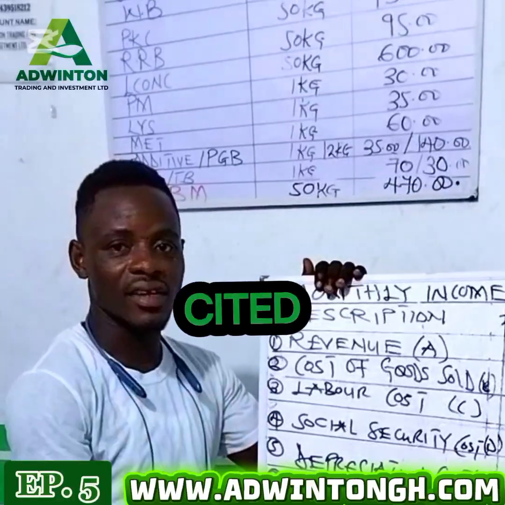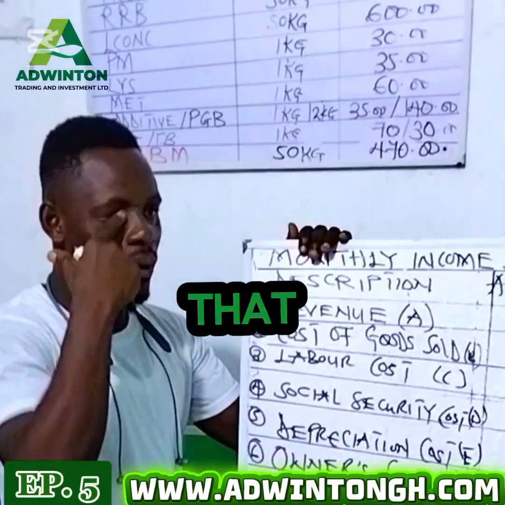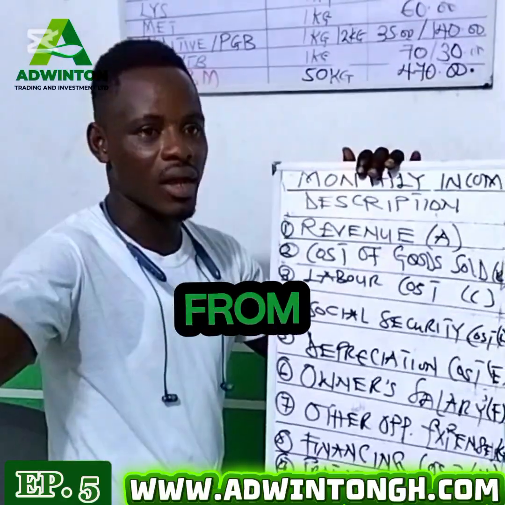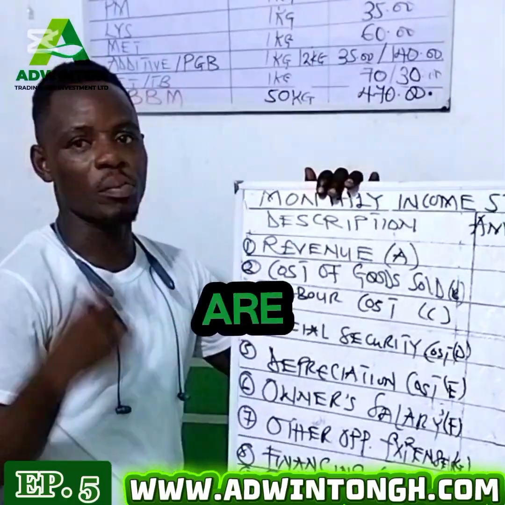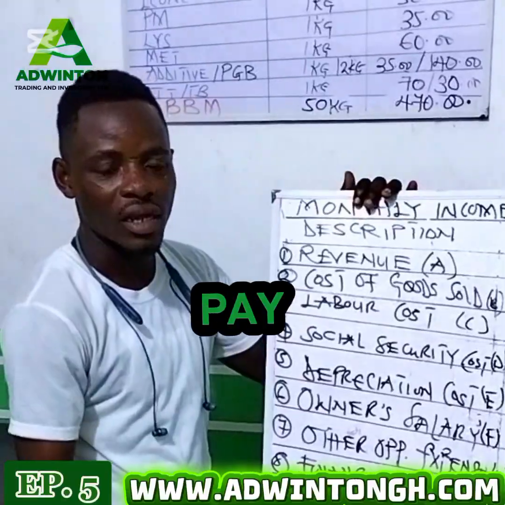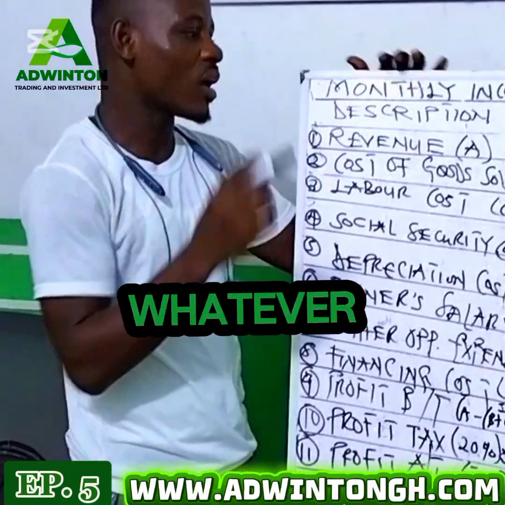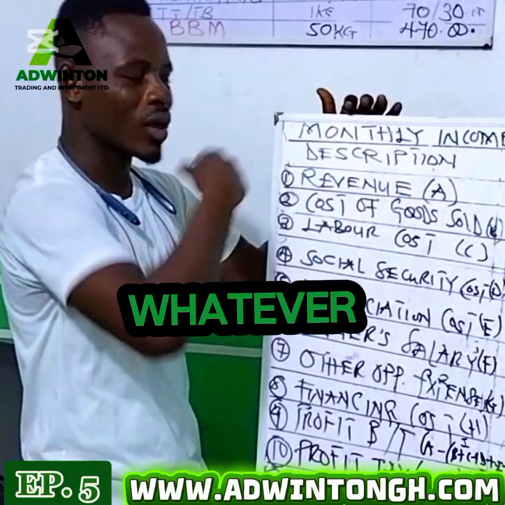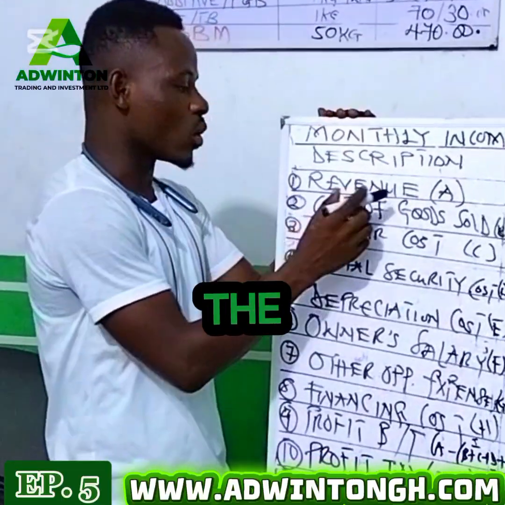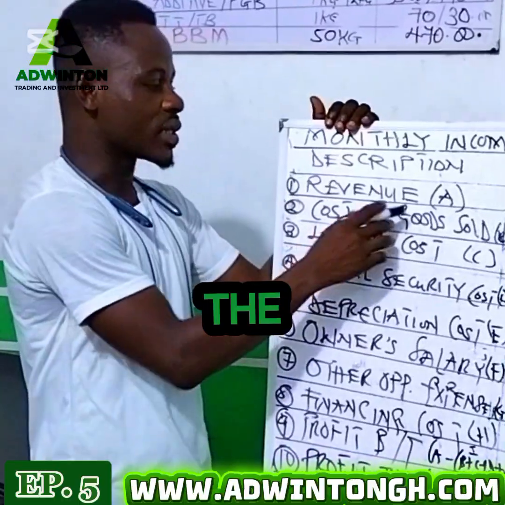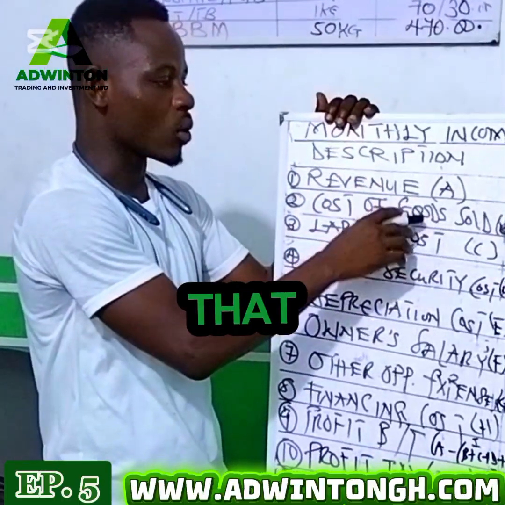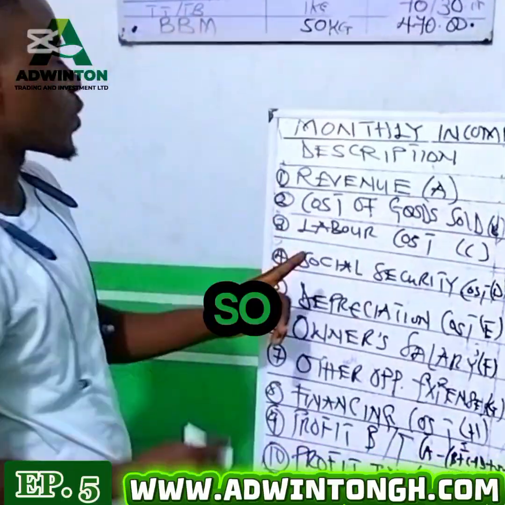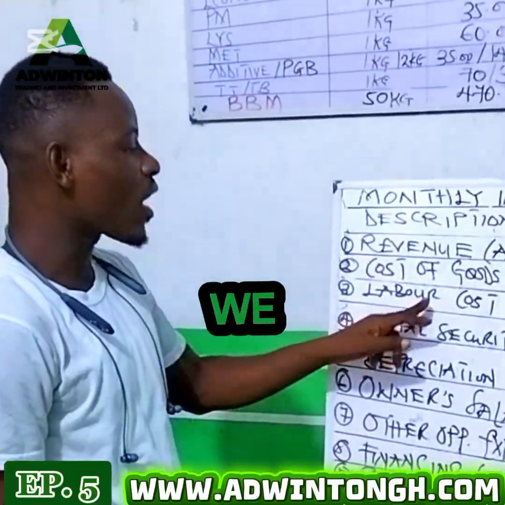I cited an example with a laptop: when you buy a laptop from Accra, as you are bringing it, you pay transportation, maybe you pay offloading, or whatever cost you incur in order to sell that particular product, marketing cost, whatever cost contributed to the sales or the production of that product, it becomes your cost of goods sold. You understand? So now we have labor cost.